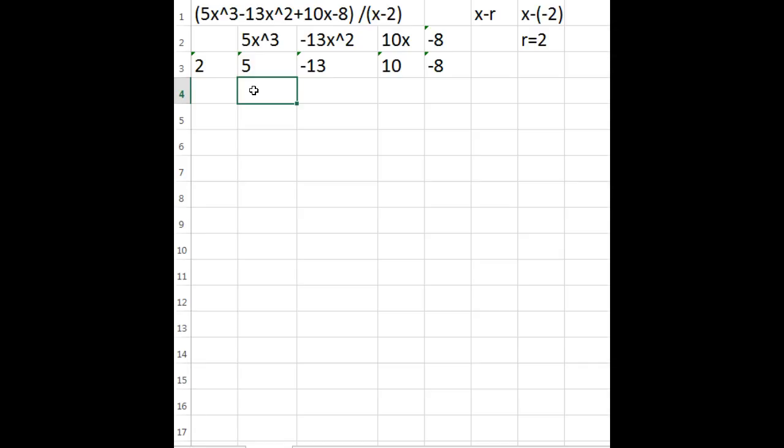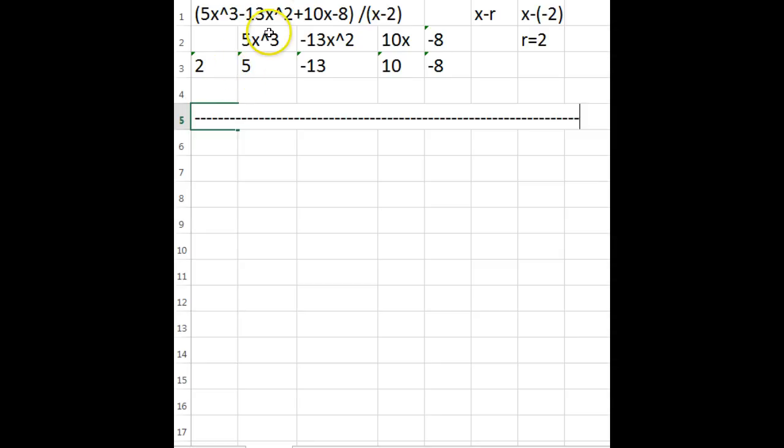Then we do our multiplication. But first, let's put in our equal bar so we know what we're doing. We're going to skip down to row 5, and we're just going to use the dash all the way across, just so we can keep track of what we're doing.